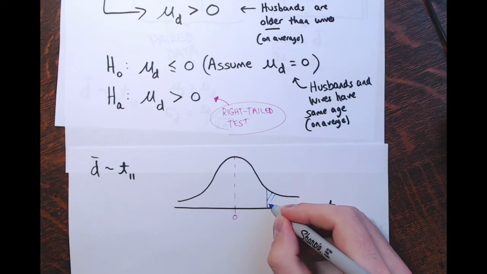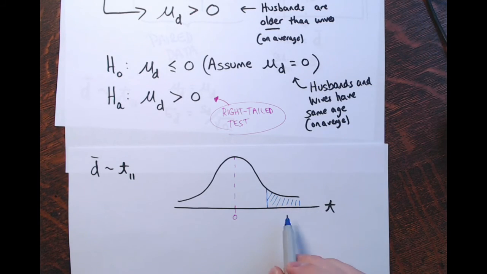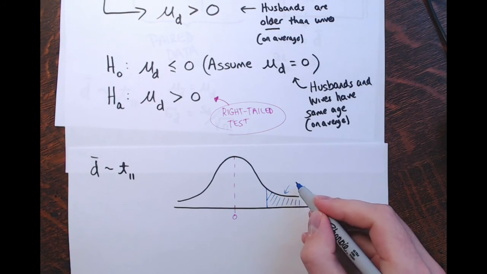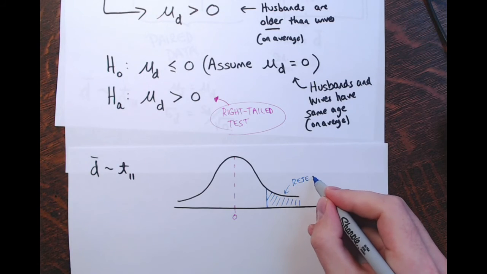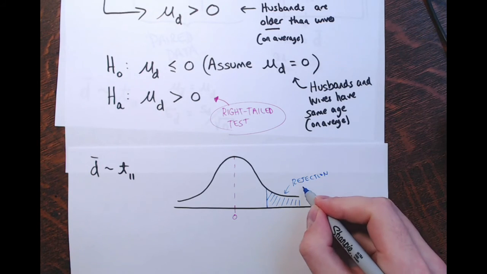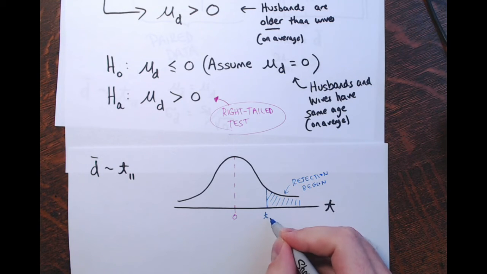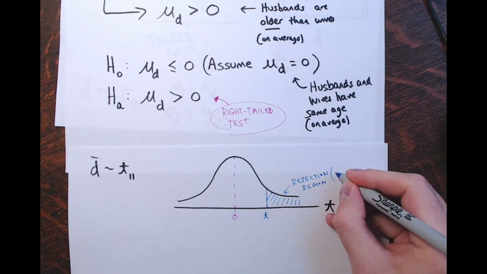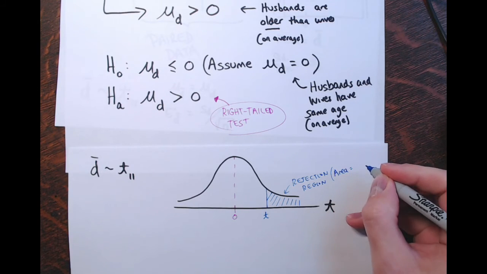All right, and I'm going to try to find this value here, so that the area to the right, this right tail rejection region, I'm going to find this t-score, so that the area to the right is alpha.